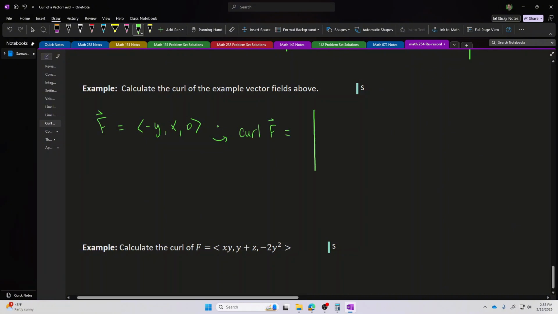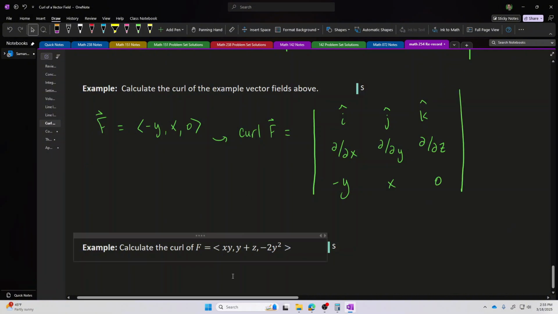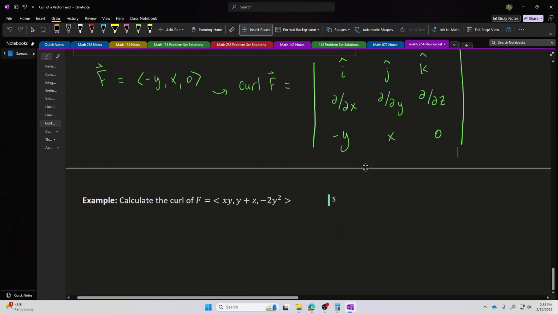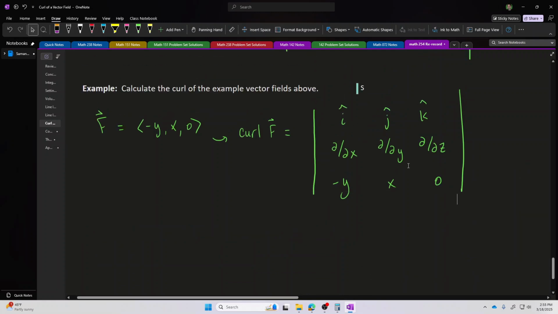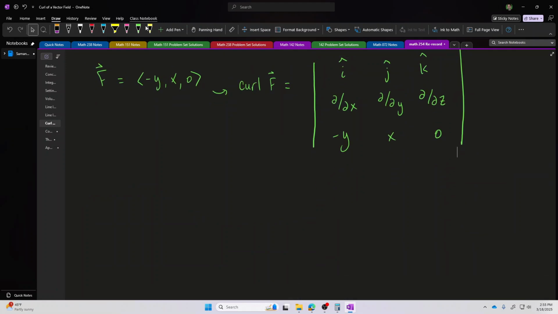So I'm going to fill up a 3 by 3 matrix with the basis vectors, with the partial derivative operators, and with the 3 entries of my vector field. And then I'm going to use the process that we learned for calculating determinants of 3 by 3 matrices to find the result of this determinant.